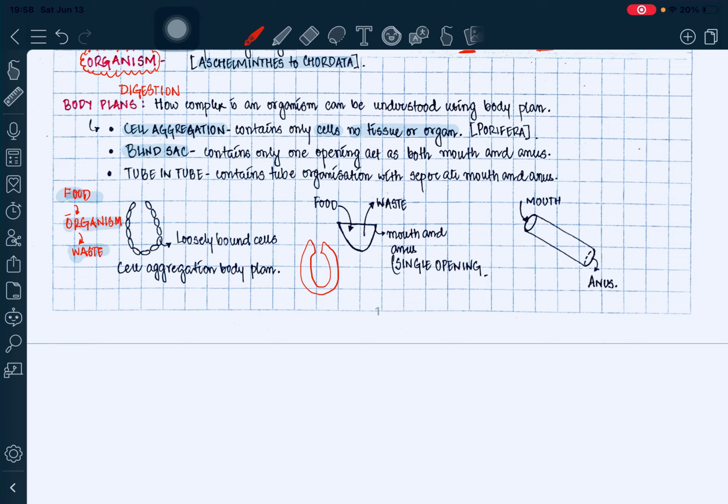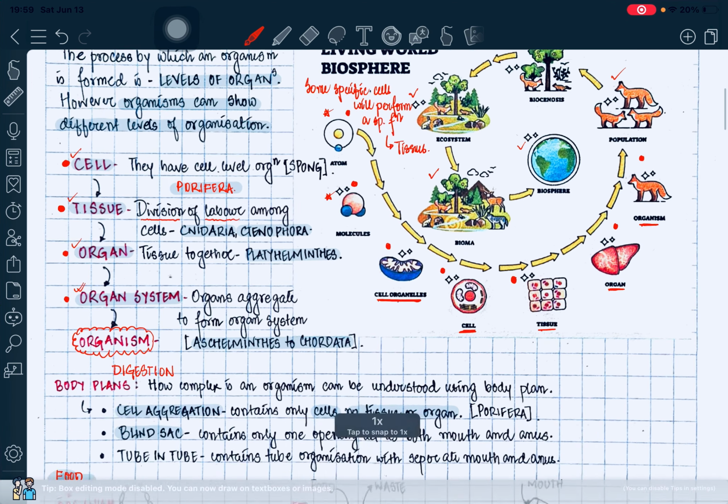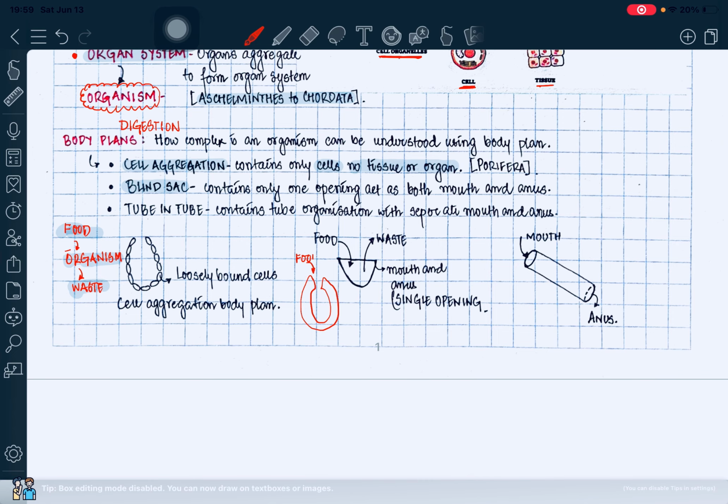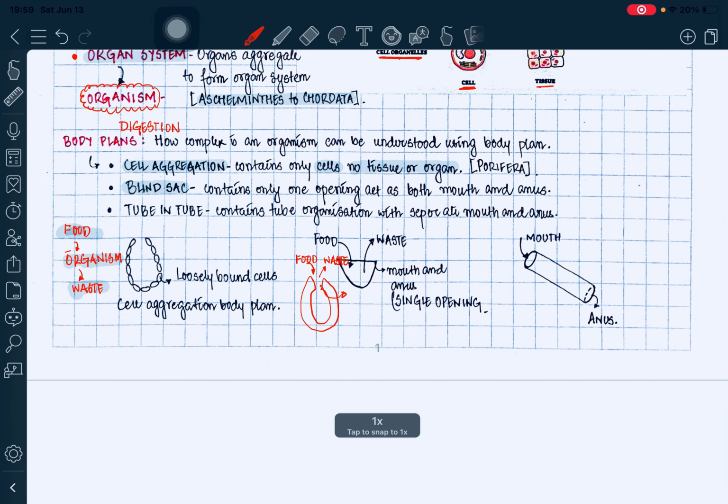In these organisms, where we have a blind sac, the food enters as well as the waste is released from a single opening, right?